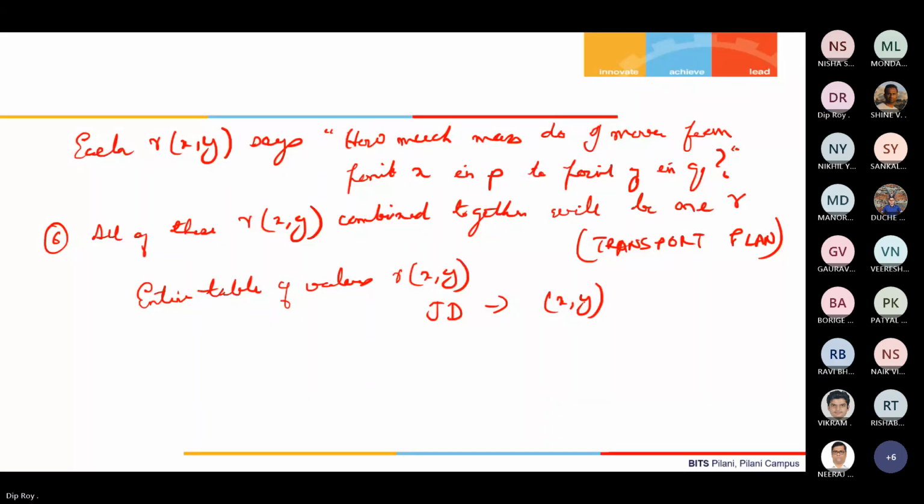Now, after these 6 points, you have a 7th point, which says that there would be multiple combinations on how the movement from X to Y can happen.